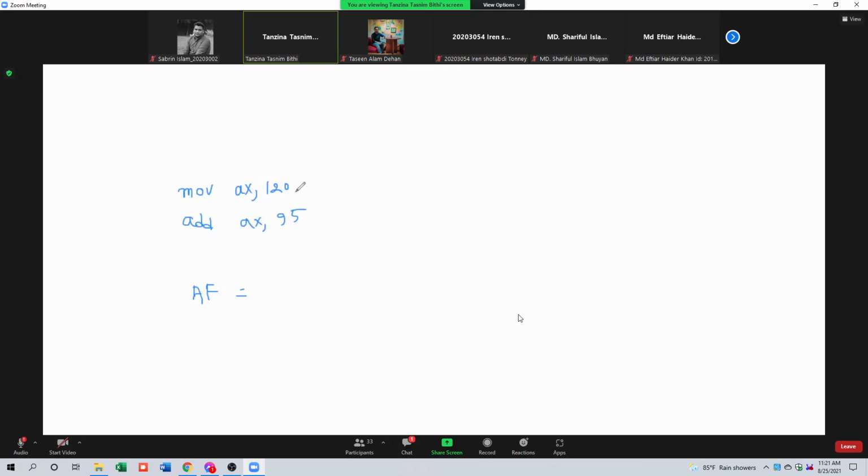Okay, so now write the binary representation of 120 for a 16-bit register. 120 decimal equals what?